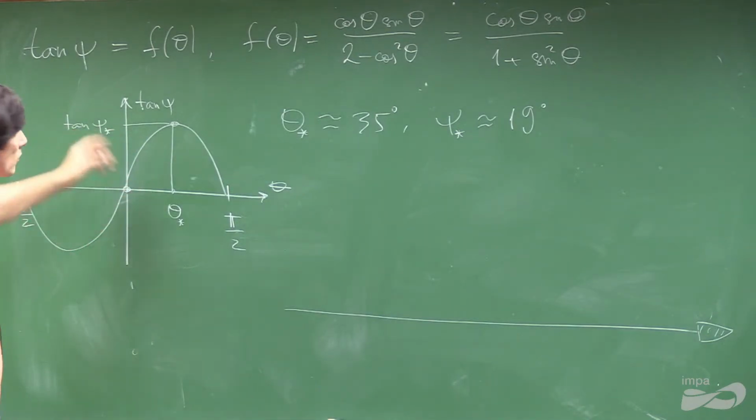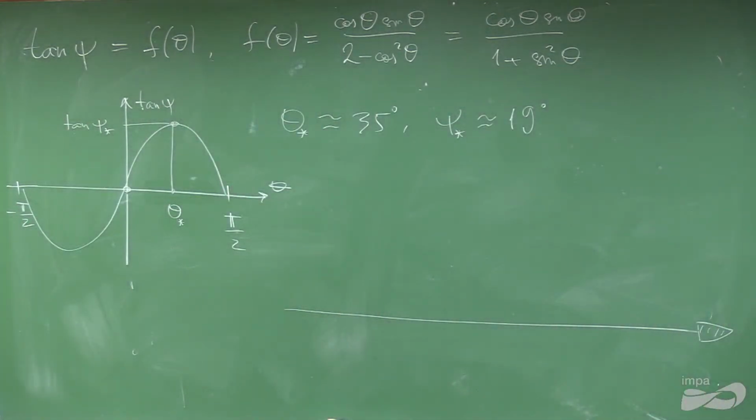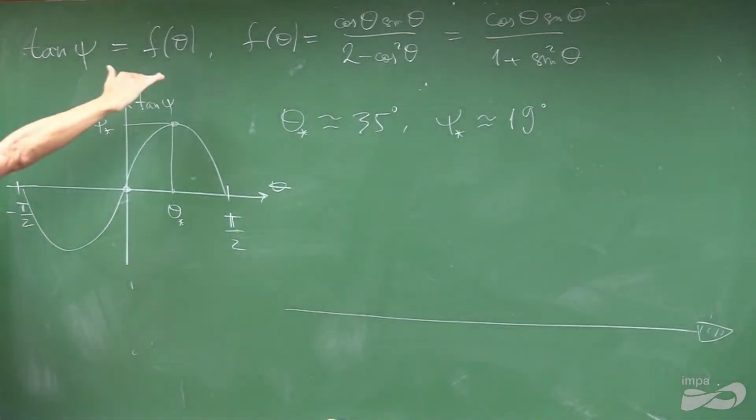We see that the angle at which we observe can actually only change between 0 and 90 degrees, because when the angle is above the critical angle, we don't have any solution.